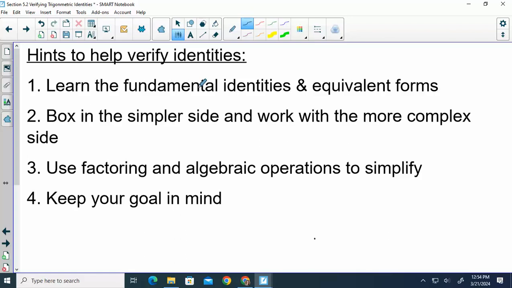But it doesn't always look like that. Sometimes it's 1 minus sine squared, so know that we can rearrange those formulas. We are going to be proving things are true, so I am actually going to give you an equation. Our strategy will be to put a box around the easier side and work with the more complex one.